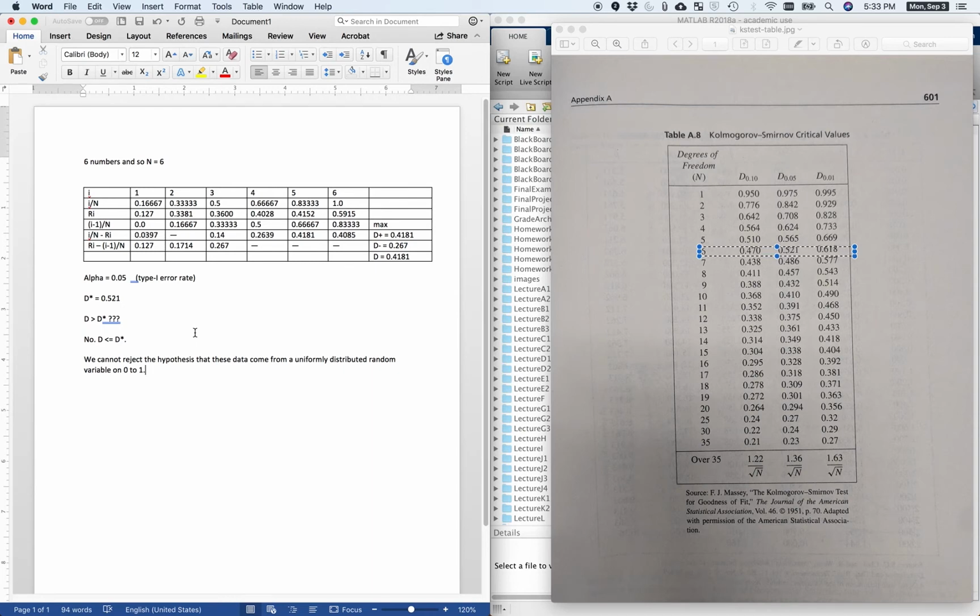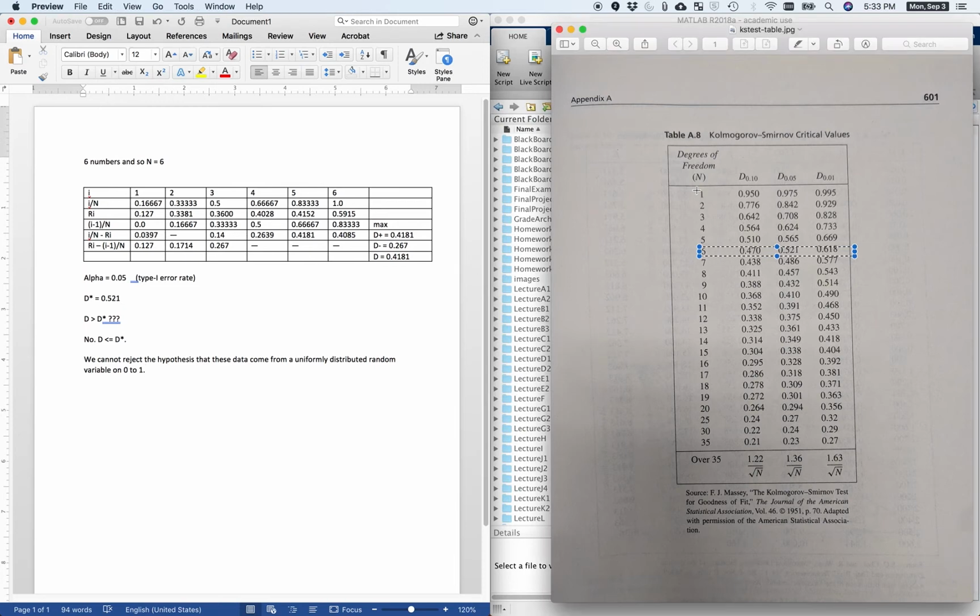So if I only had 1 data point, then I'm going to have a very high number. And so up here, the critical value if I only had 1 data point is like 0.975. So that would mean that I can tolerate being 0.975 away from the bin.